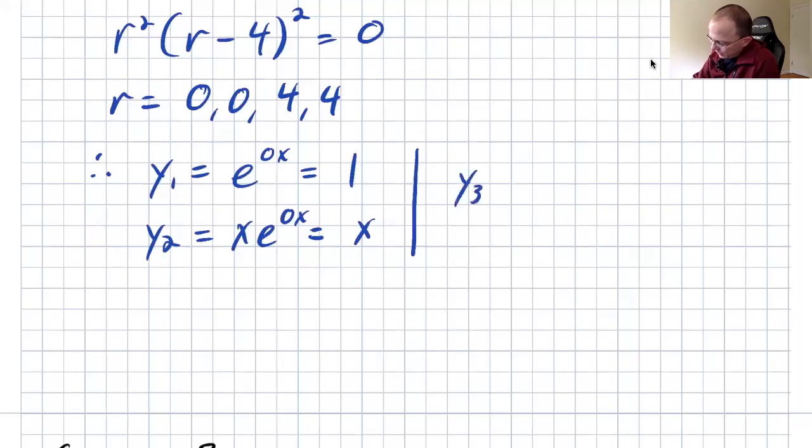So y3 is going to be e to the 4x. And then we get another root of 4, so we multiply that by x. We get x times e to the 4x.